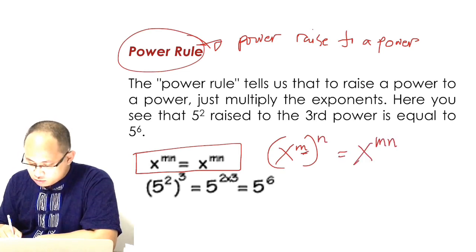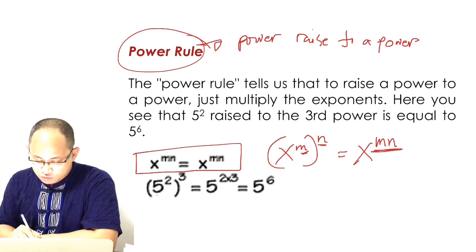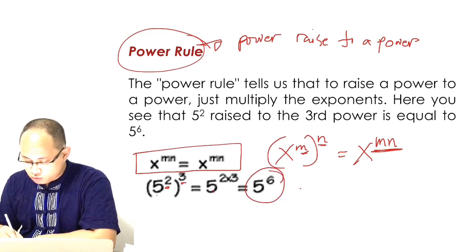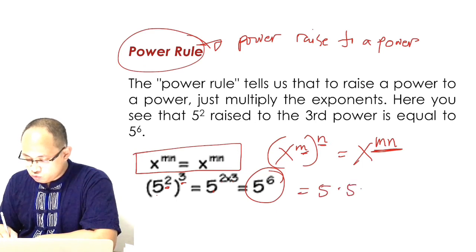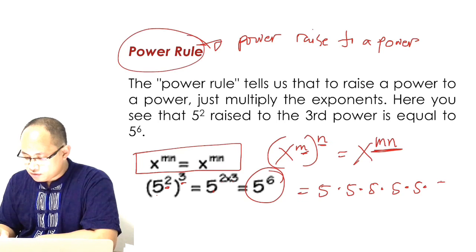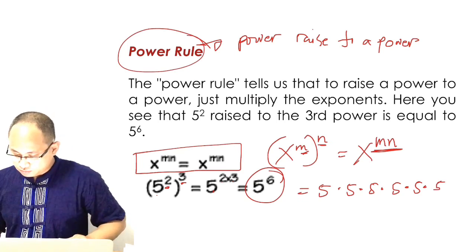A power raised to another power, you multiply the powers. So 5 to the power of 2, raised to the power of 3, becomes 5 to the power of 2 times 3, which is 5 to the power of 6. So you multiply 1, 2, 3, 4, 5, 6. This is what we call the power rule.